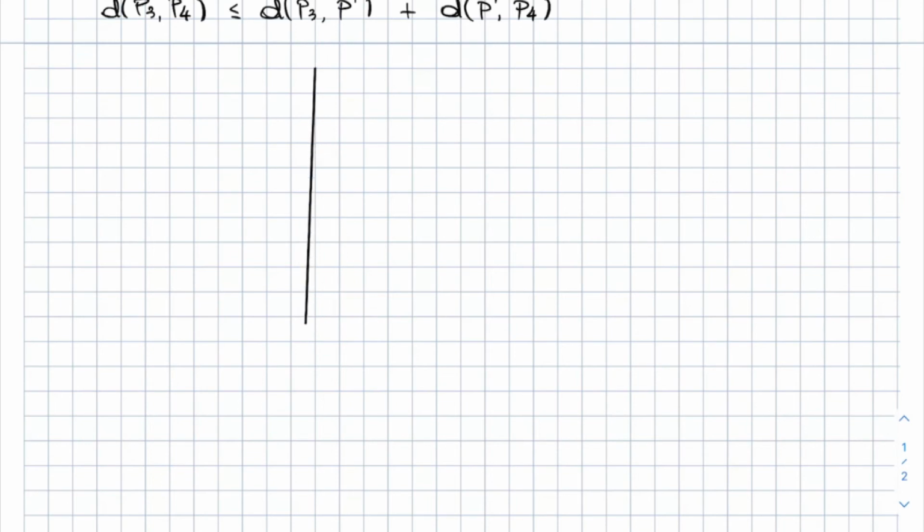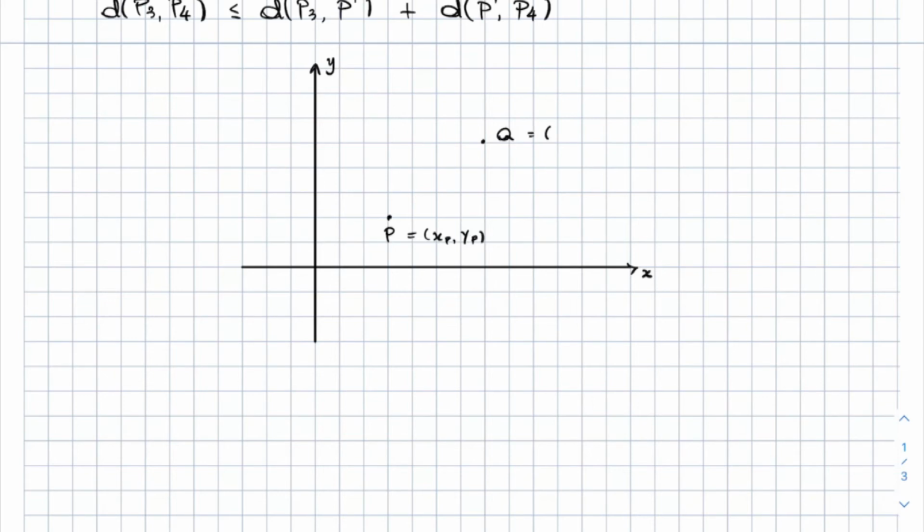Let's draw the axes, y and x, and let's take 2 points, P and Q, of coordinates xp, yp, xq, yq. And let us draw the segment connecting these 2 points.